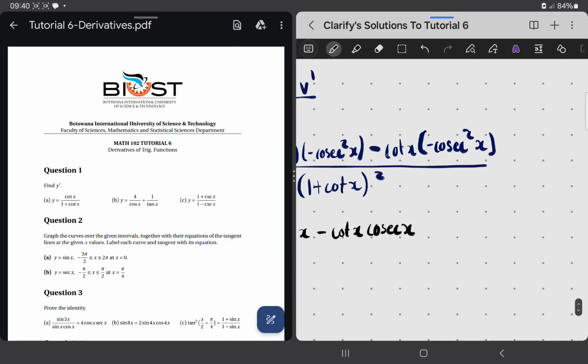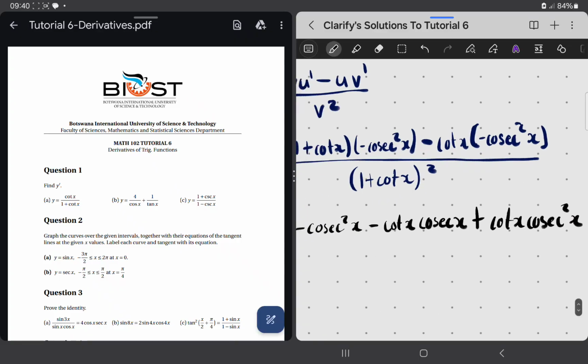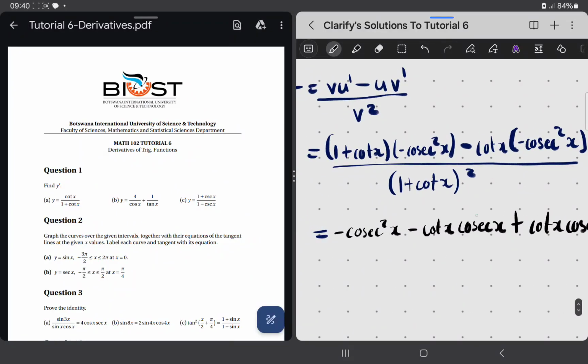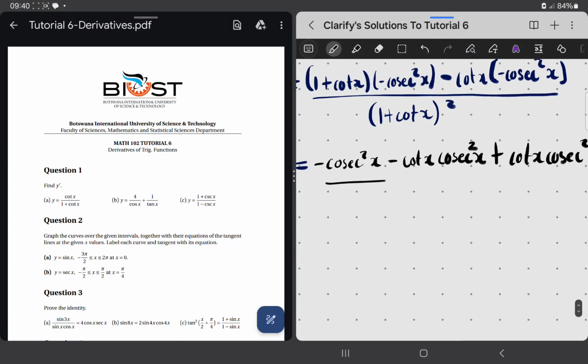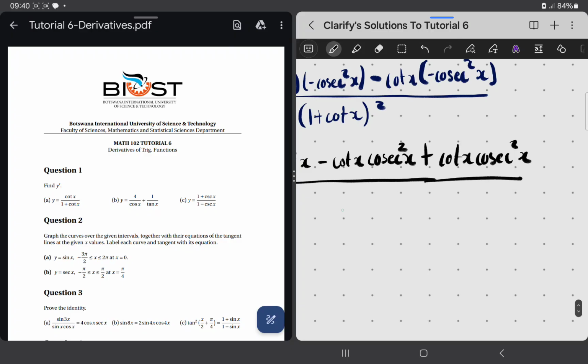Then now we have here, this minus is multiplying this minus, again it becomes plus. Cot times cosec squared, it becomes cot x cosec squared x. Okay, I think this is a cosec squared again. I forgot, should have put it like this. So now anyway, and this is all over 1 plus cot x all squared.